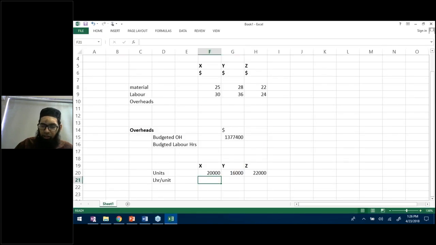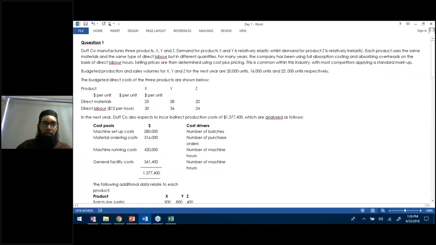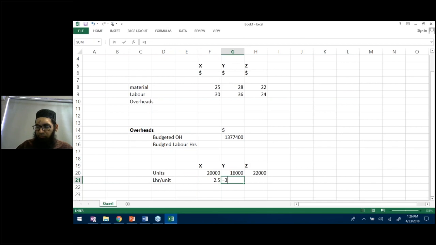That means the number of hours per X will be equal 30 divided by 12. So this will be 2.5. Similarly for product Y, it will be 36 by 12. And for product Z, it will be 24 by 12. So this is labor hour per unit.